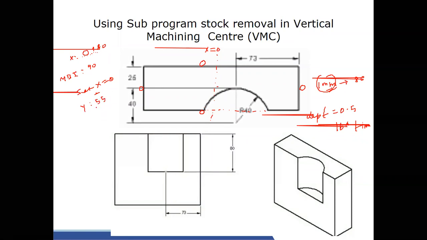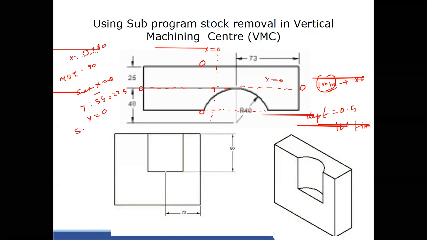Now, using MDI mode or the handle, I move the table such that it shows half of this value, 27.5. The accurate center will then be at the middle point, and this line will be y equal to 0. Now I can set y equal to 0.